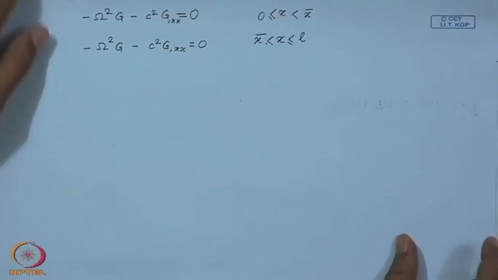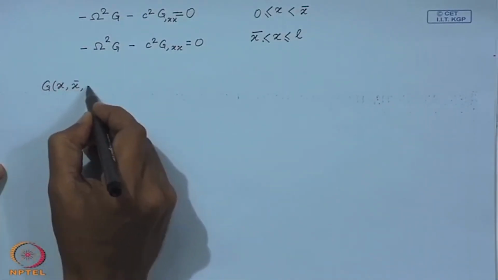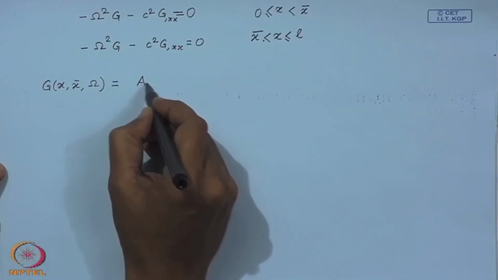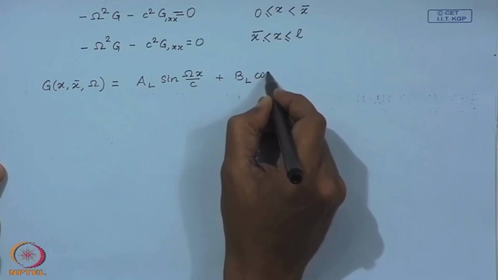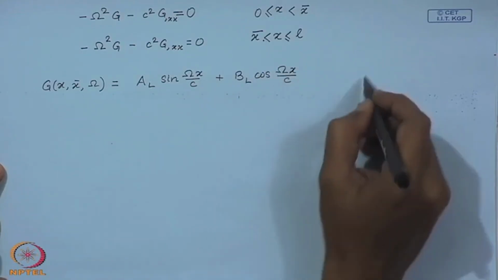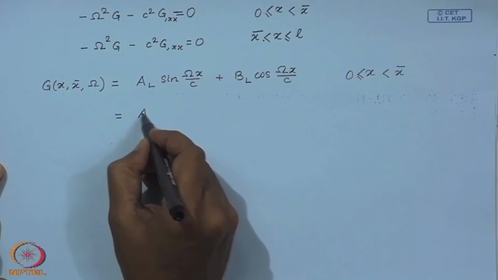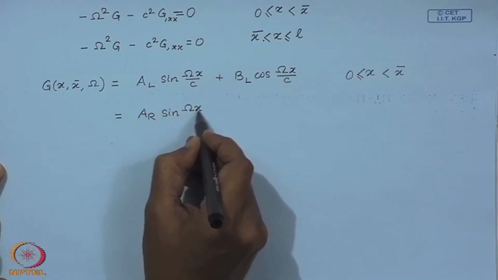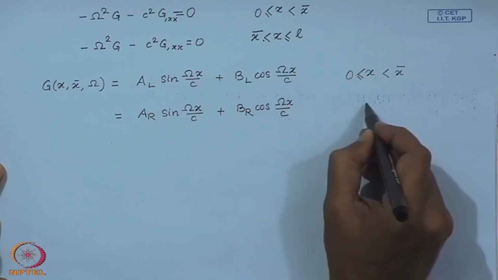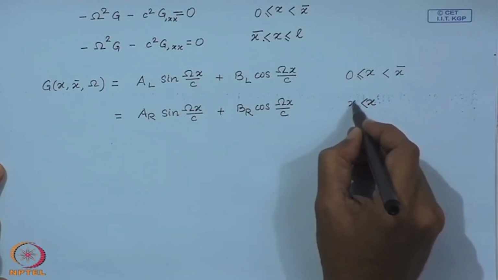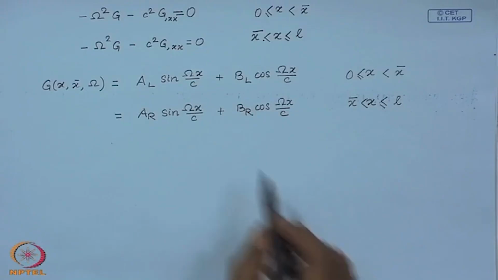So, these solutions can be written as, so over the two regions we have these two solutions.